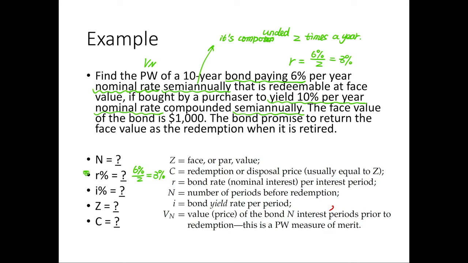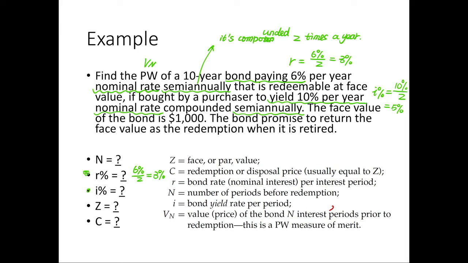So your yield rate is going to be 10% over 2, so it is 5%. You never use the nominal rate directly in the calculation. You always need to convert that into the interest rate per period. And in this case, one period is half a year.